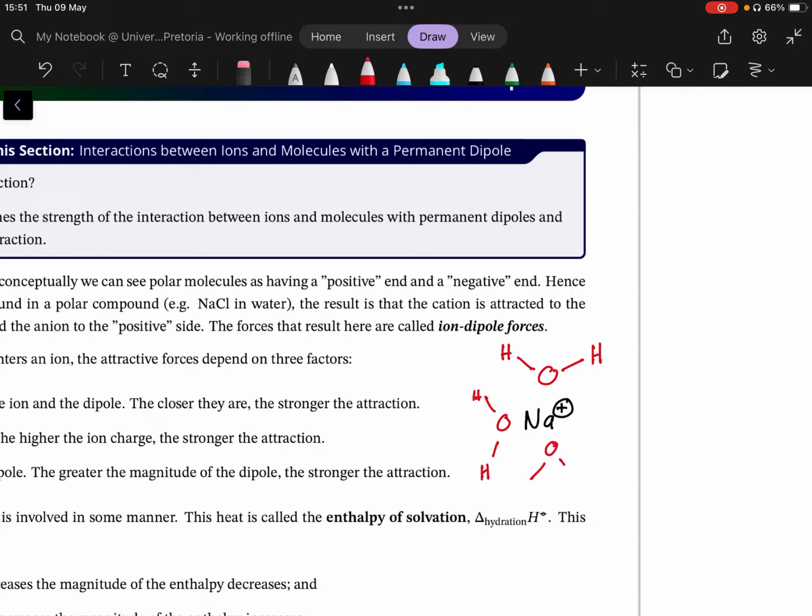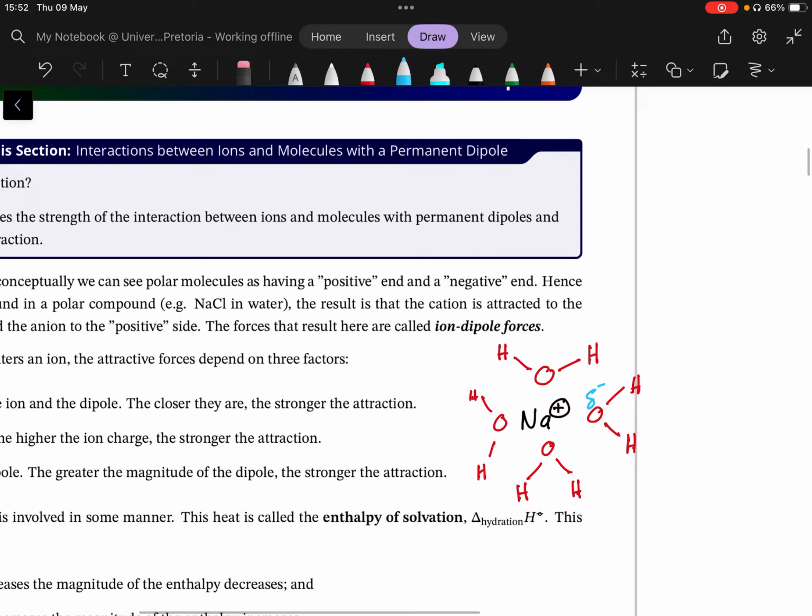So you'll have a situation something like this. The orientations are not going to be exactly correct, but you will get the idea across. There's going to be some way the water orientates itself, and the reason is that water is polar. One part of the water molecule is slightly positive and the other part is slightly negative. The hydrogens are slightly positive and the oxygen is slightly negative.